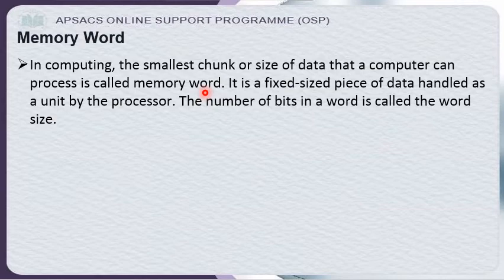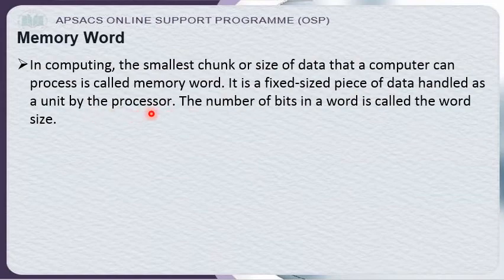Remember that it is fixed, it cannot be changed, but it may be possible that you can decrease it. How? Whenever you install a 32-bit operating system on a 64-bit processor, it is a fixed size, but you can decrease it, you cannot increase it. It is the fixed size or piece of data handled as a unit by a processor.